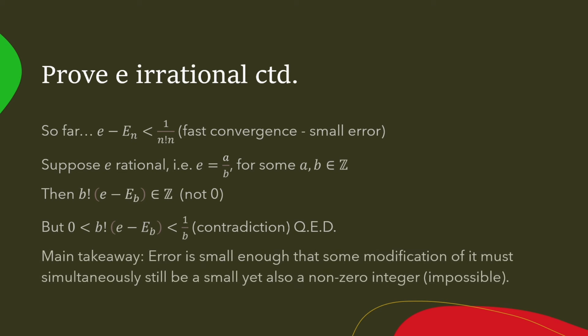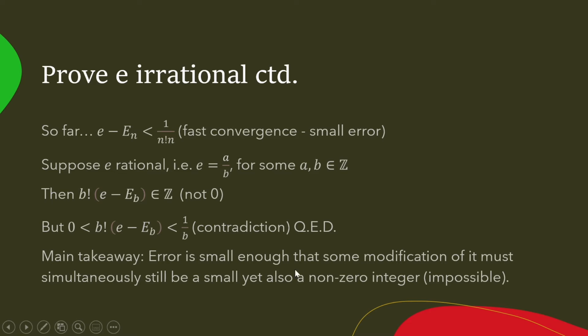So the main takeaway then is that the error is so small that some modification of that error must simultaneously still be a small yet also non-zero integer, which is impossible. It's still small because the original error was just so small that inflating it still didn't make it too big.